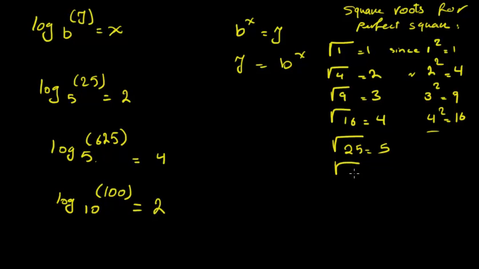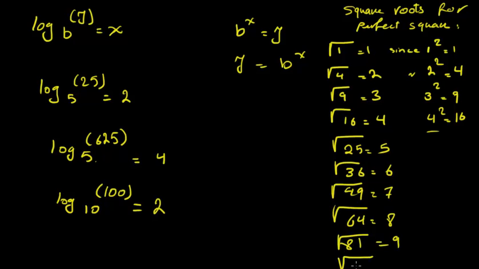Square root of 36 was 6. Square root of 49 was 7. Square root of 64 was 8. Square root of 81 was 9. And square root of 100 was 10.